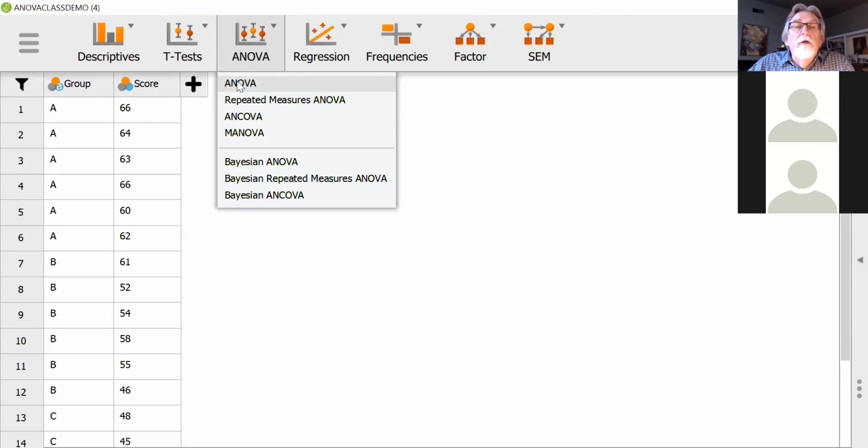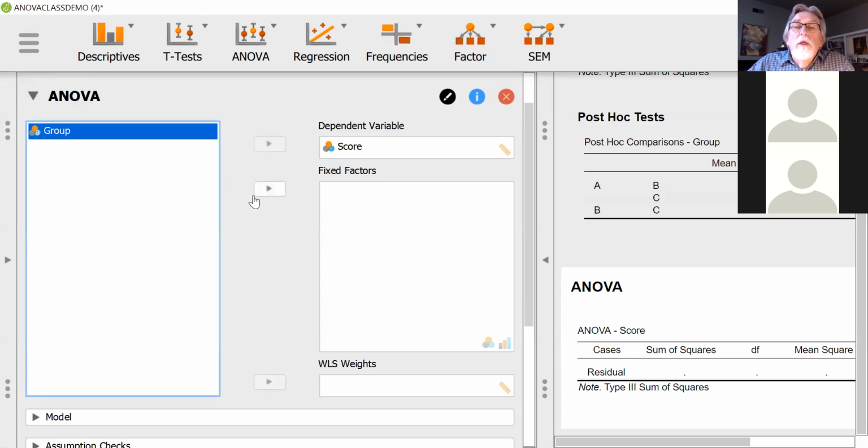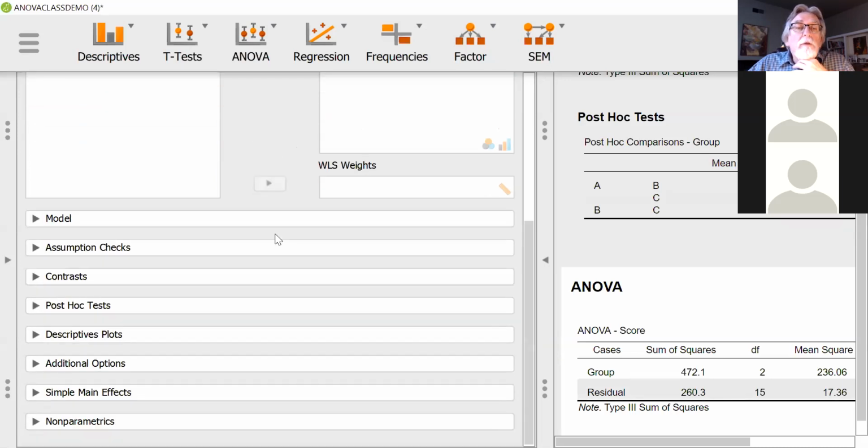So I select ANOVA. Score is going to be the dependent variable. Group is going to be what are called the fixed factors. That's the way you look at the independent variable or the grouping variable.